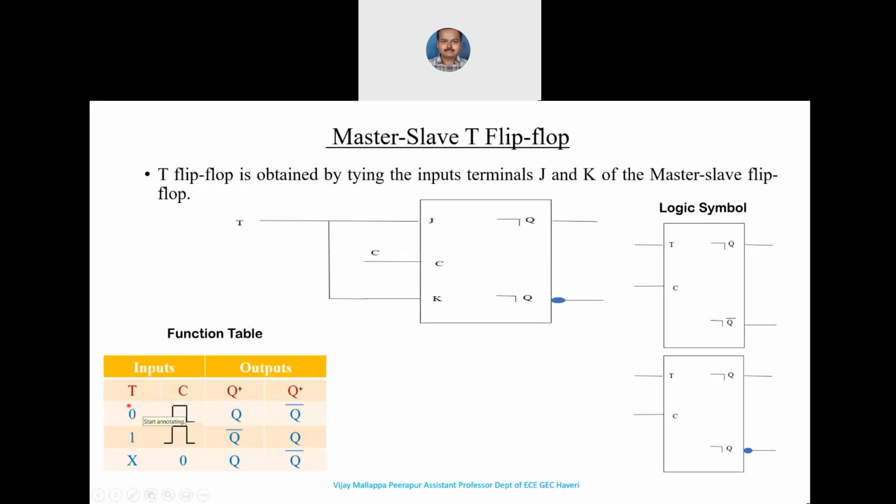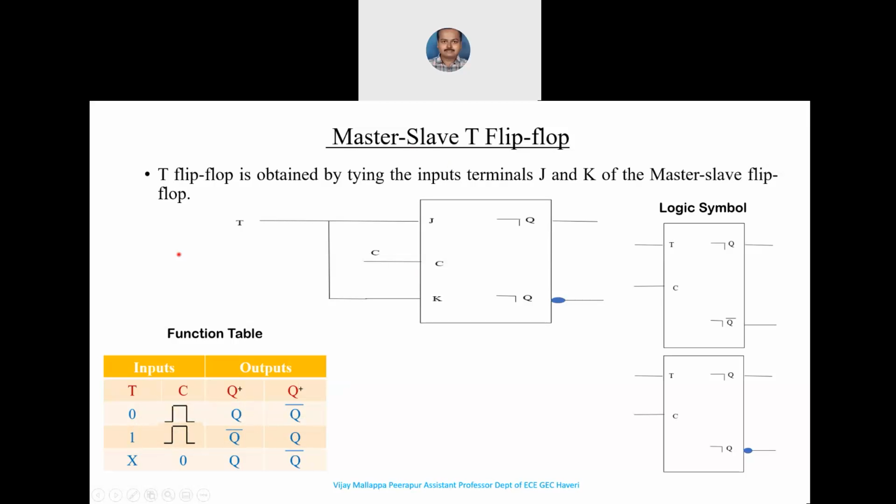If you see the function table for this toggle flip-flop or T flip-flop, when the clock input is applied and T is 0, the next state is equal to the previous state, right? There is no change in the next state when the T input is 0.